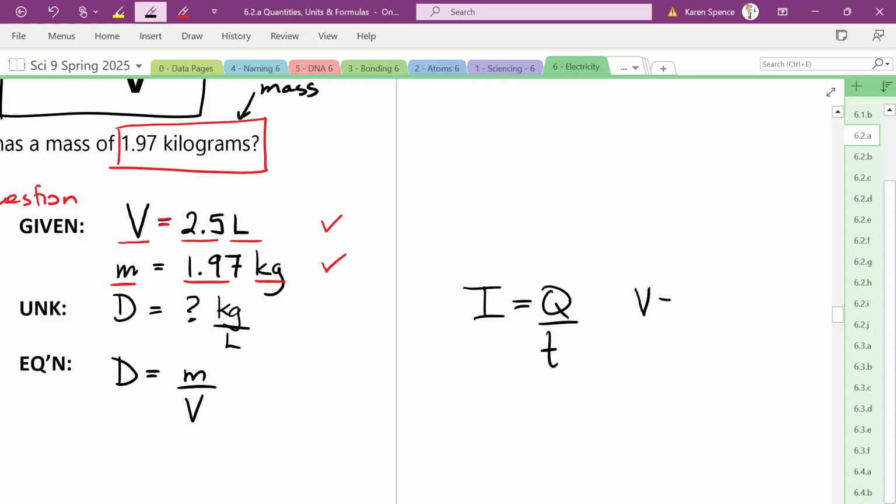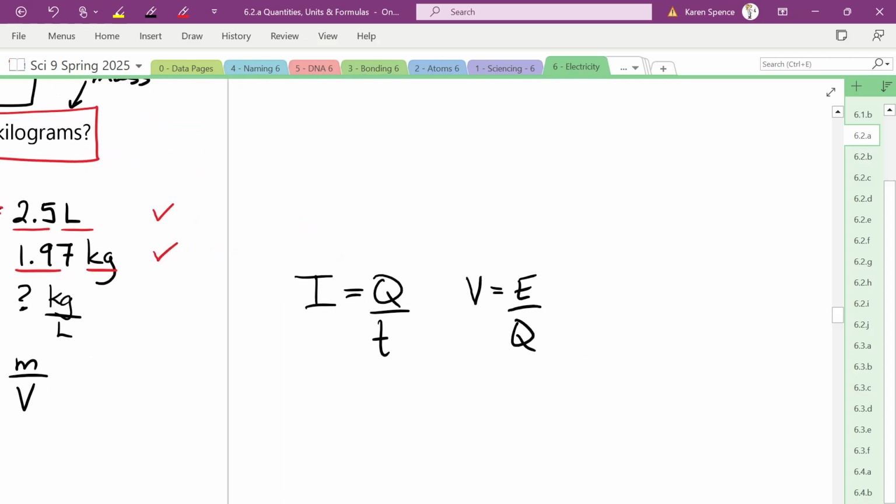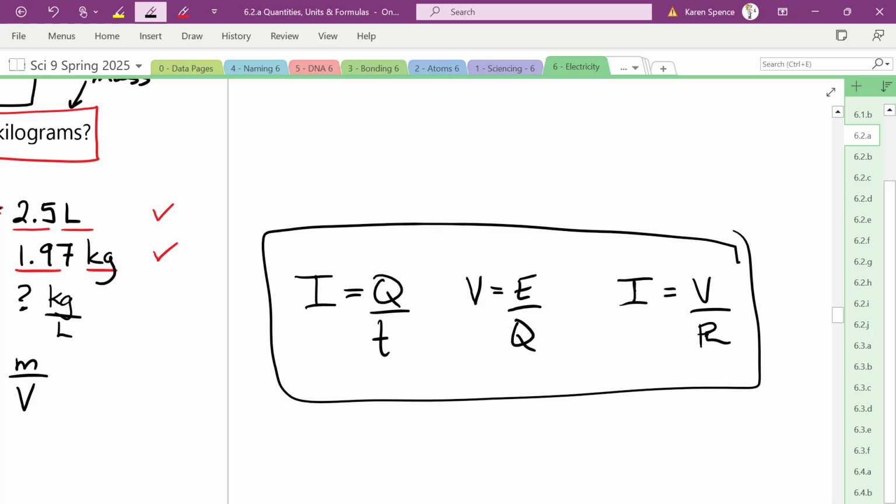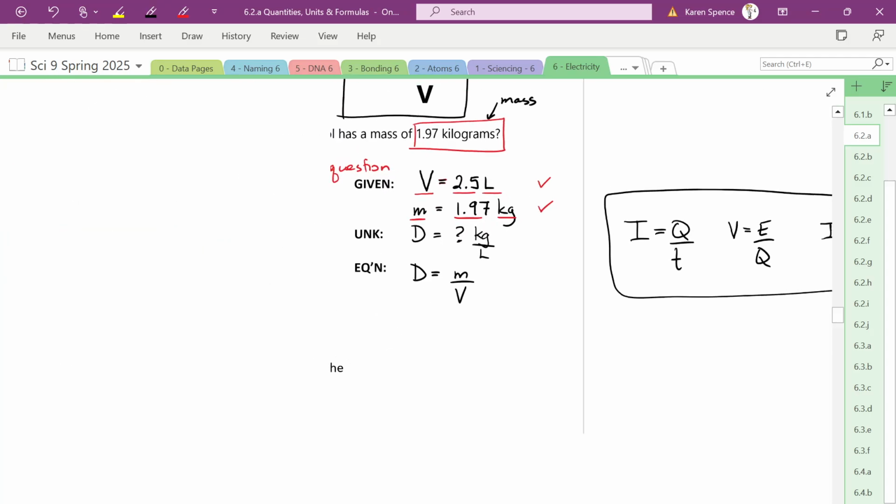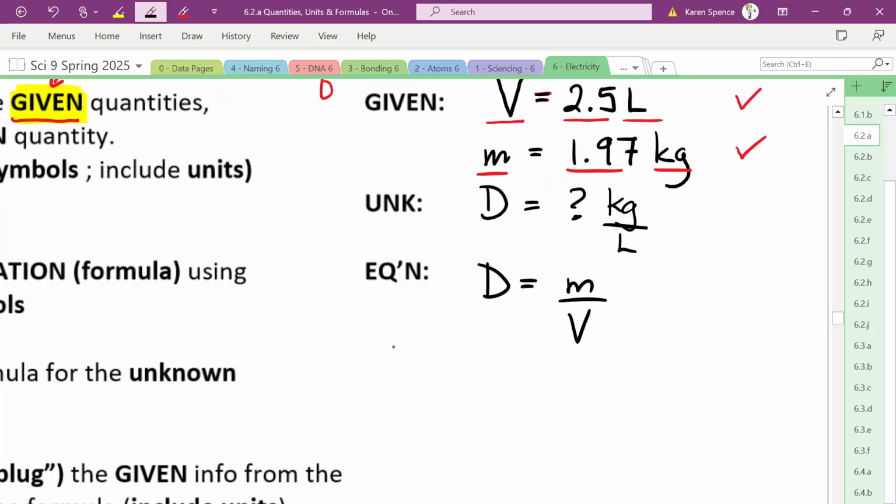You will have the very easy question, V equals E over Q. And you will have I am very right. Okay? And those are the 3 equations. And from what you're given and your unknowns are, you'll pick which one is appropriate. But you may memorize these if you want to, but there will also be a formula sheet which you will be given if you prefer to do that. Okay? But you do have to write down the equation.